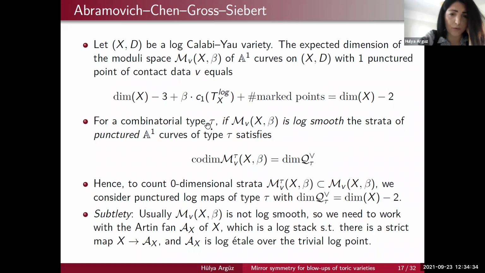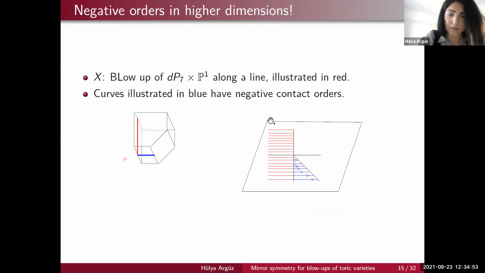They do also show that if you fix any combinatorial tropical type, then the strata corresponding to the type, such A1 curves, has dimension as much as the dual of the basic monoid. So even if in higher dimensions we have families of curves, like here we had a one parameter family of A1 curves, you can ask, how are we going to ever count them if we have just families, no single curves?